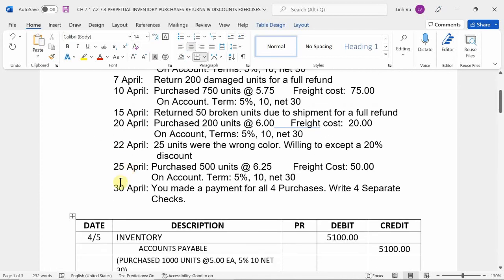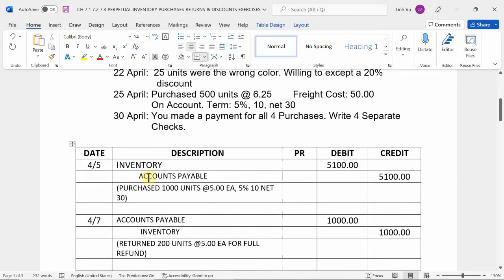And then here on April 25th, you end up purchasing 500 units at $6.25 each, with a freight costing you $50 on an account. Terms are 5%, 10, net 30. Okay, so once again, another purchase.